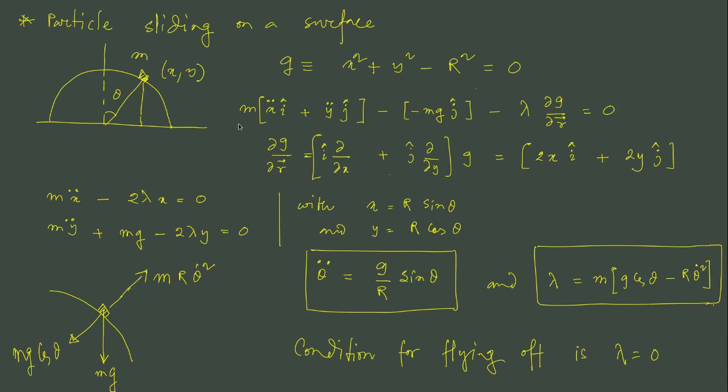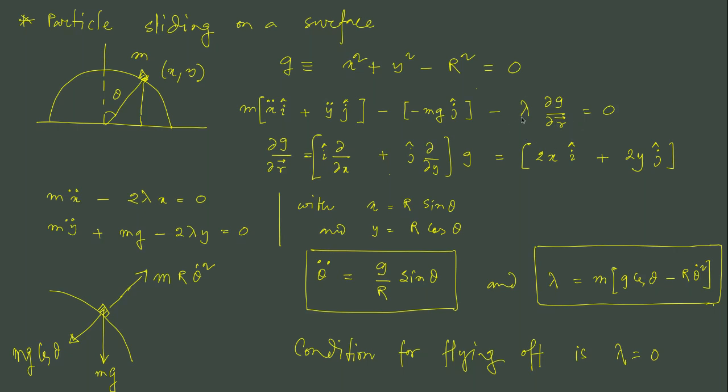We are considering this to be a point particle, and we apply Lagrange's equation of the first kind. So mass times acceleration, that is straightforward, x double dot i cap plus y double dot j cap, minus the external force, which is of course acting along the negative j direction, negative y.